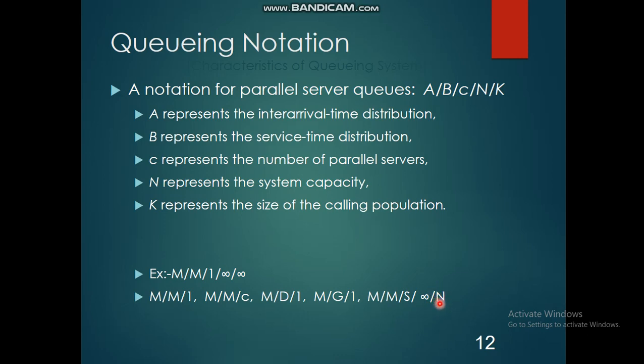In that system the system capacity is infinity, but the capital N is the size of the calling population. It can be many, but it is limited. It may be fixed at 100 or 8 or 10, like that.